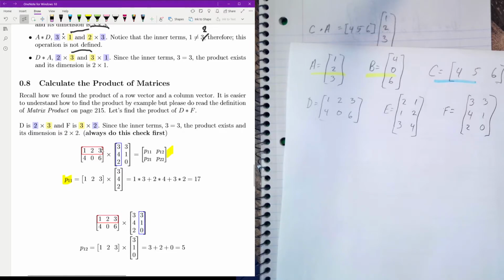So we take the first row, 1, 2, 3, and multiply it by the first column, and that gives us the first element in this result. 1 times 3 plus 2 times 4 plus 3 times 2 is equal to 17. Now we move on to the next location, which is P12.